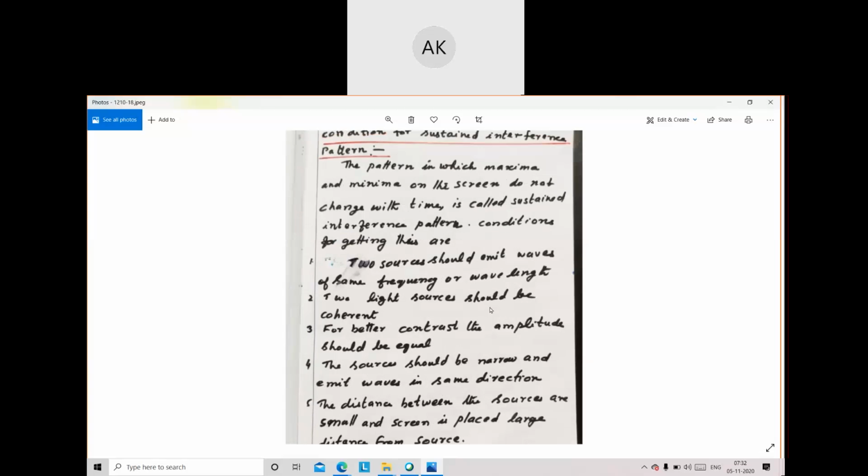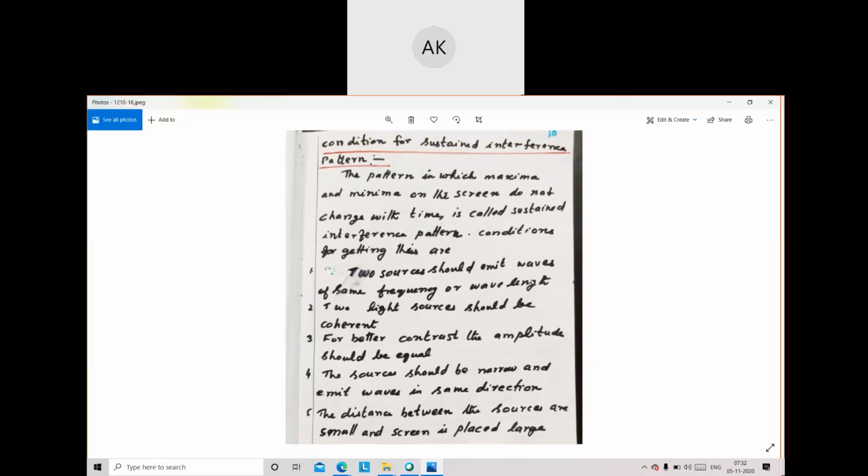Next, condition for sustained interference pattern. What is a sustained interference pattern? The pattern in which maximum and minimum on the screen do not change with time is called a sustained interference pattern. Maxima and minima will not vary with time.